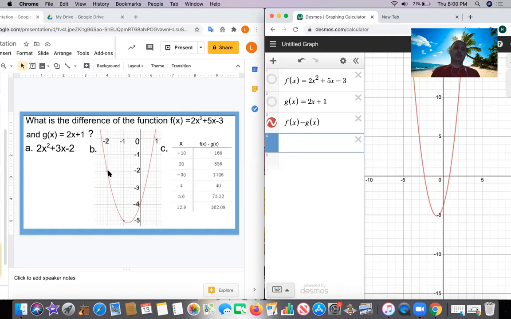If we use this point, this is the y-axis and this is the x-axis. This point is 2 units to the left of the y-axis. Therefore, the x value is negative 2.